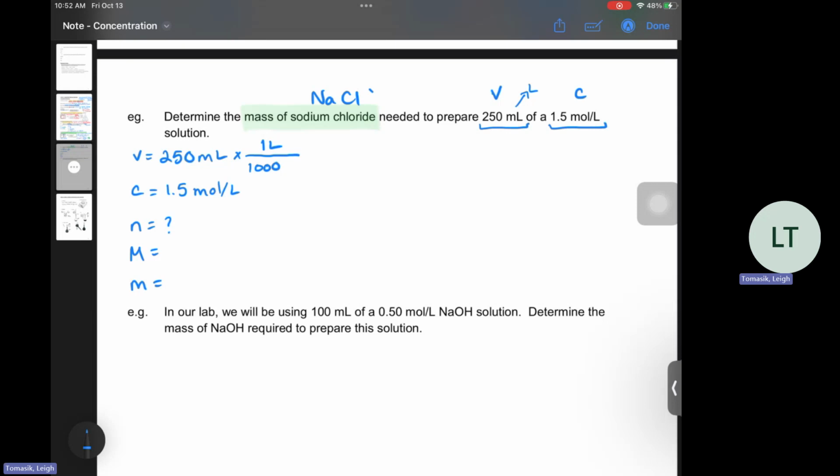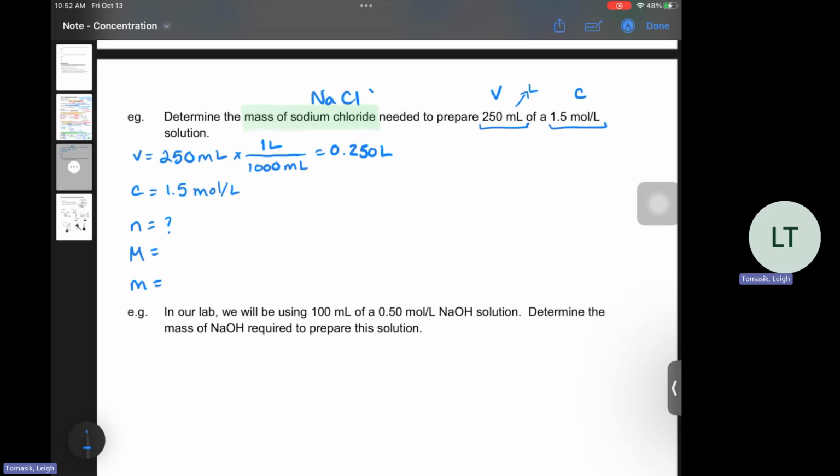So 250 milliliters, if we multiply it by the conversion factor where 1 liter equals 1,000 milliliters, we get 0.250 liters. Now we can use that amount in the equation.